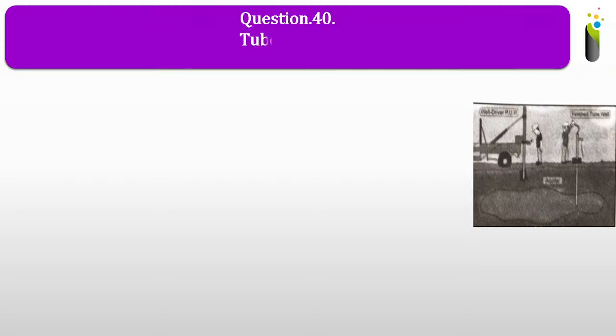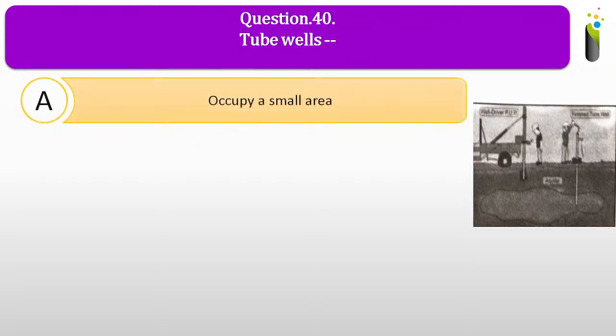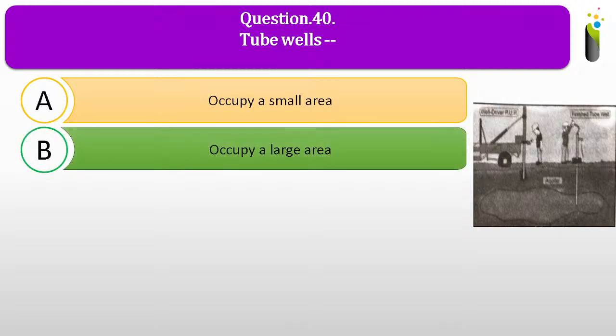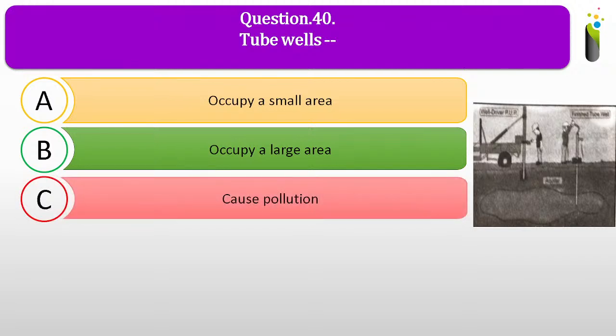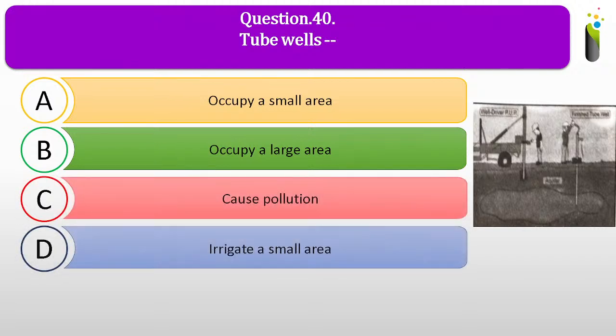Now, question number 40. Tube wells dash. Look at the image. A. Occupy a small area. B. Occupy a large area. C. Cause pollution. D. Irrigate a small area.